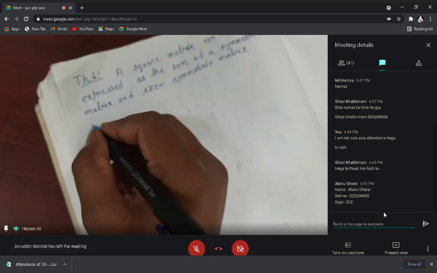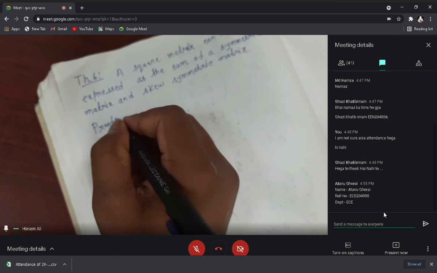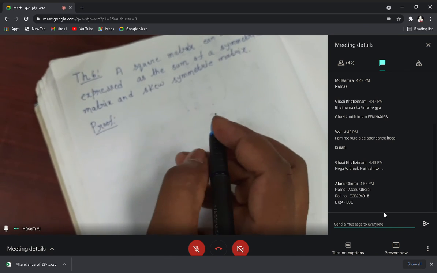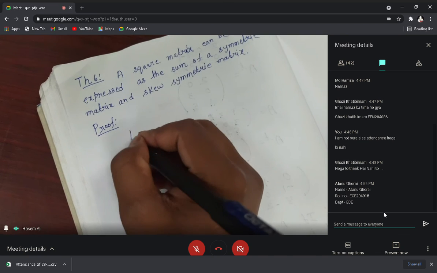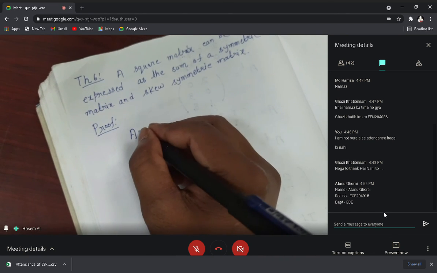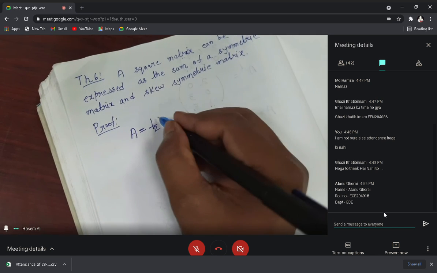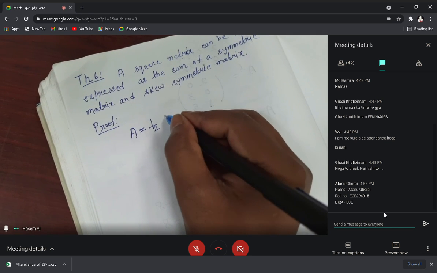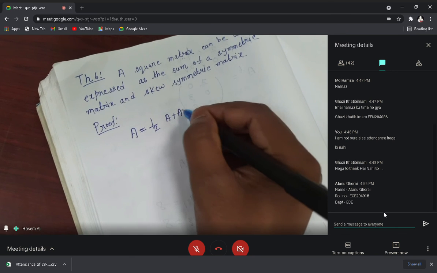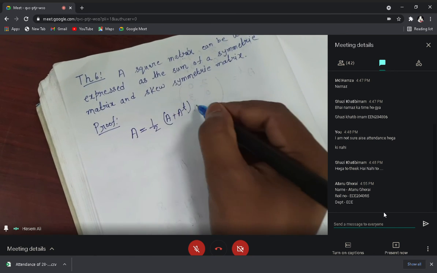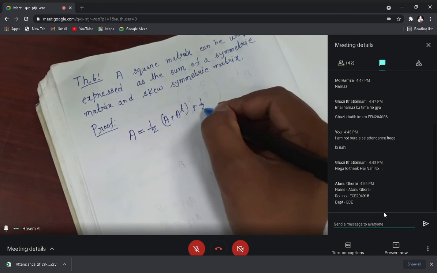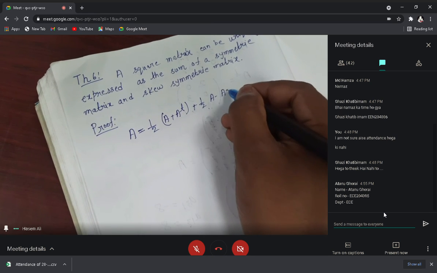The proof is very easy. Here A can be expressed as A equals half of A plus A transpose plus half of A minus A transpose.